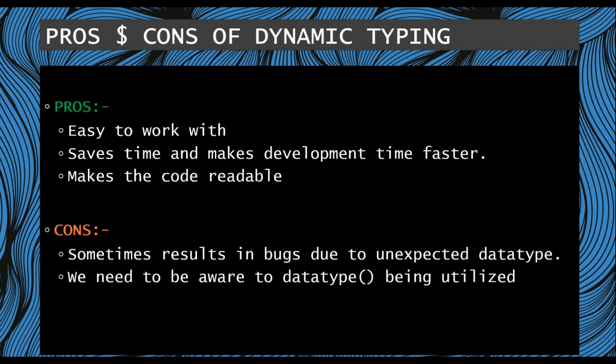Let's say I initialize something as an integer very early on in the program, but later as I progress into the code, I forget what data type I initialized for a variable name, and I turn that variable into a string data type. When I utilize it at a later step in the program, it hampers the production of the program.